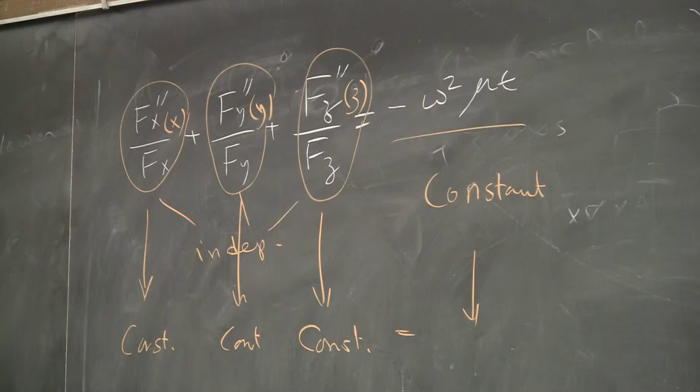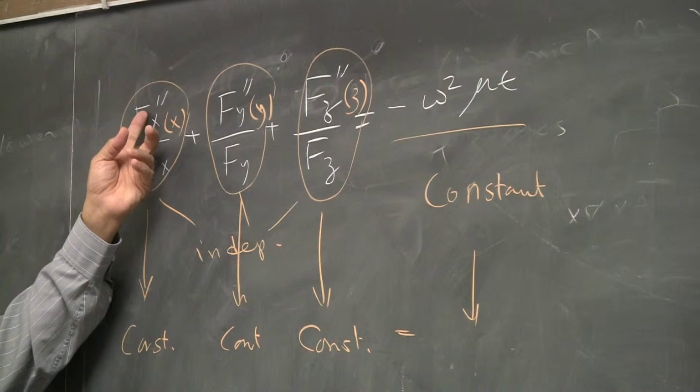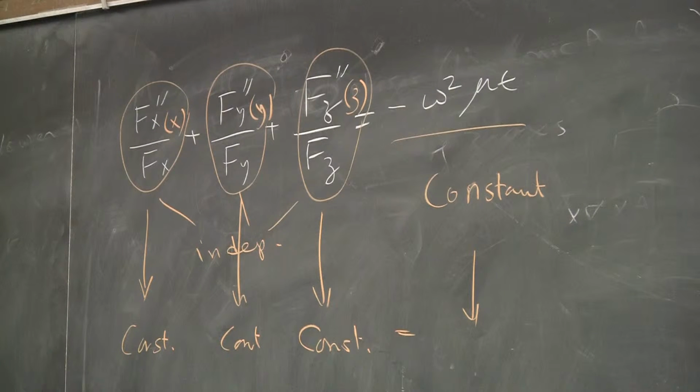So it's a function now that you differentiate twice, you get back the same function. Right? Here it is. You differentiate it twice, you get back the same function. Multiply by constant. Exponential. Or sines and cosines, which are cousins.